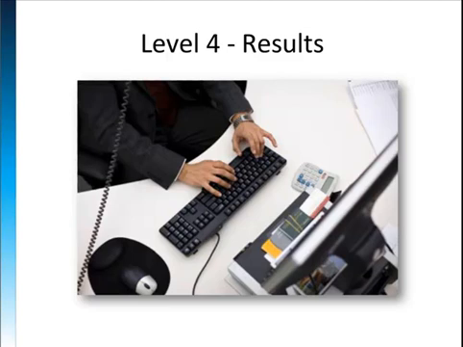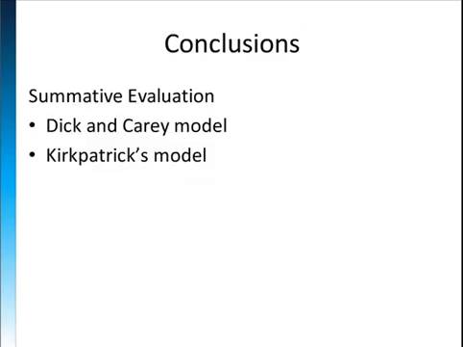So, for instance, if there is no change in efficiency of the organization, is that really due to the training? Or is it due to some other factor or group of factors? This is one common criticism of Kirkpatrick's 4 levels. But certainly it's possible to measure valid results if the study is designed with this in mind.